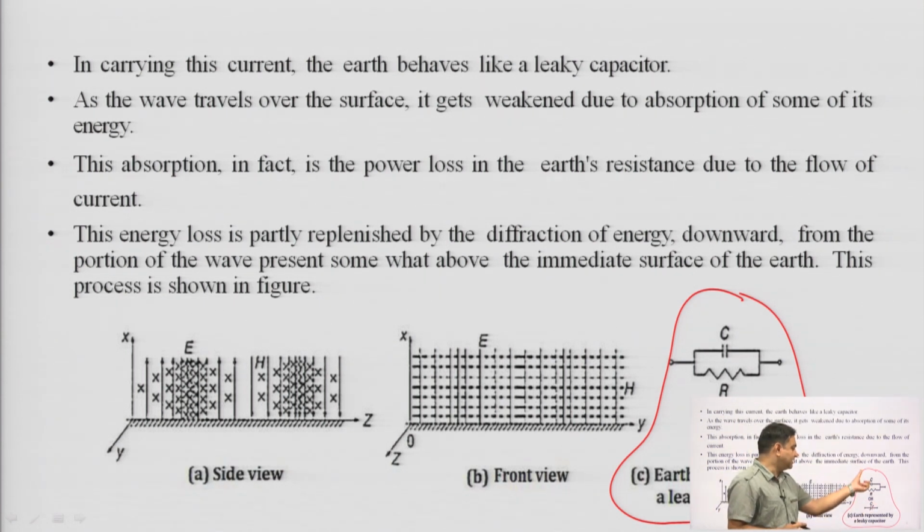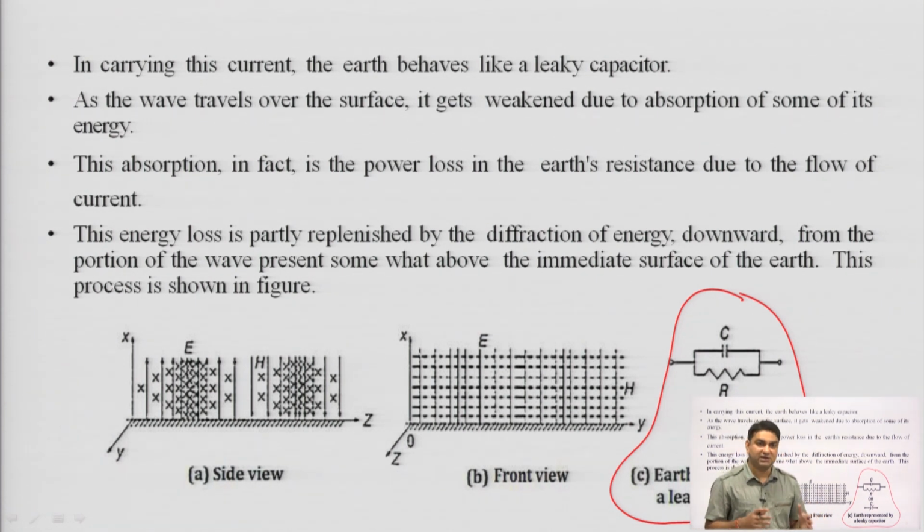This is the capacitance, this is the resistance, and this represents the mode of propagation of the surface wave. When the surface waves are utilized by the earth's surface, it behaves like a leaky capacitor. As the wave travels over the surface, it gets weakened due to absorption of some of its energy.